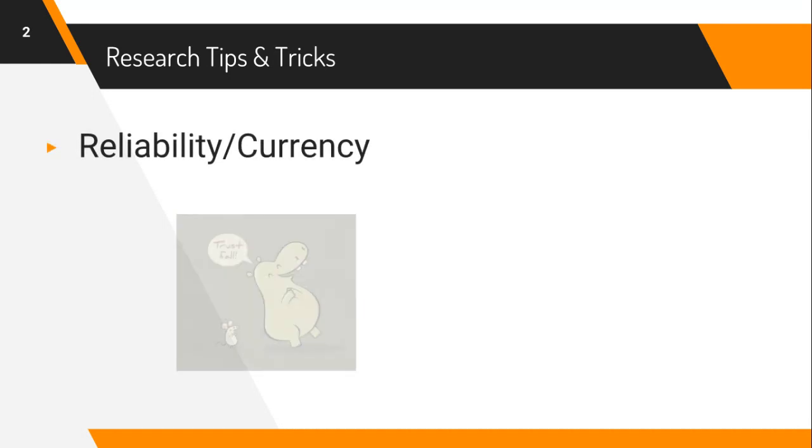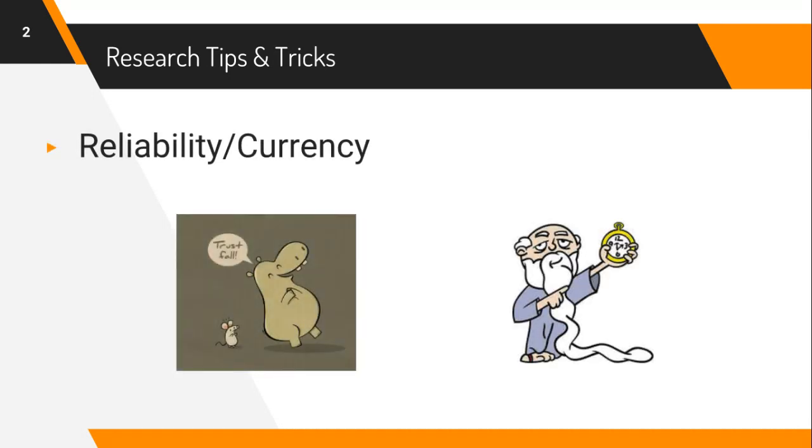And then finally, you also want to use sources that are both reliable and current. So are the authors or companies putting out these sources trustworthy? And is this information relatively recent? You know, if you are looking at news articles from the early 90s or even before that, that information is probably going to be pretty different from the information that is true today.